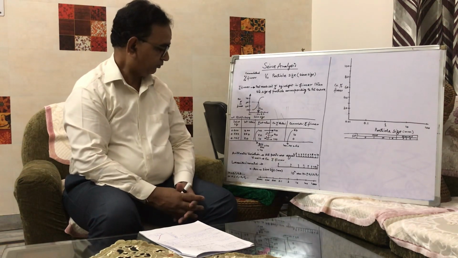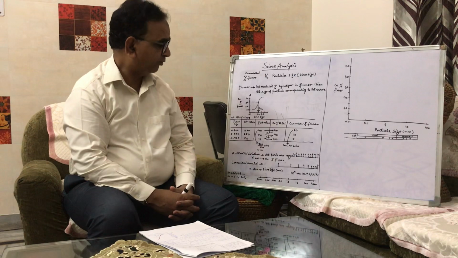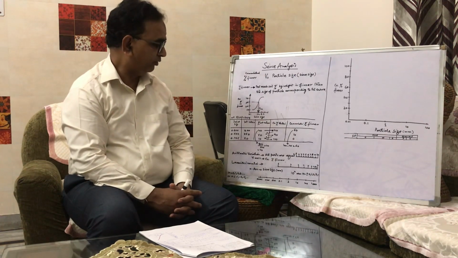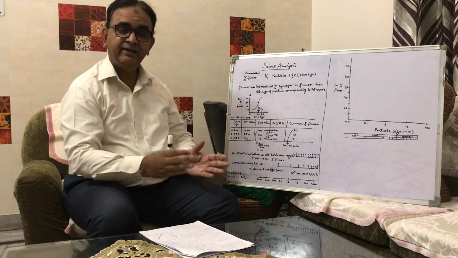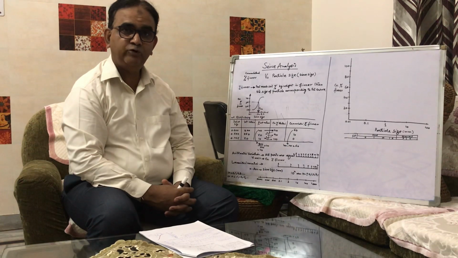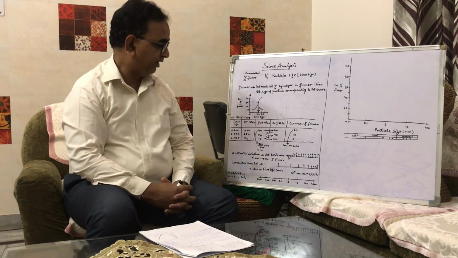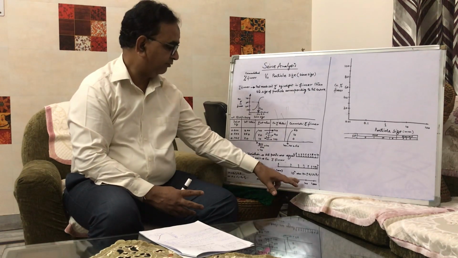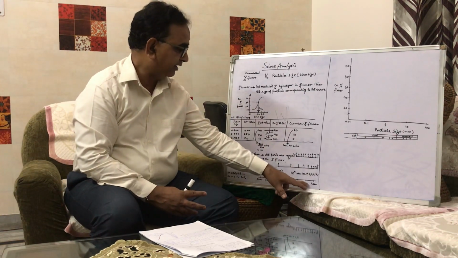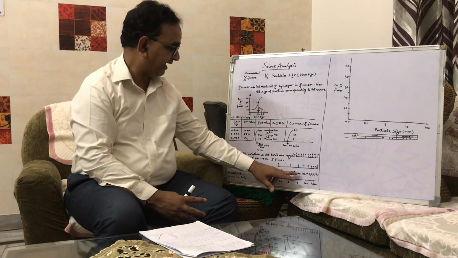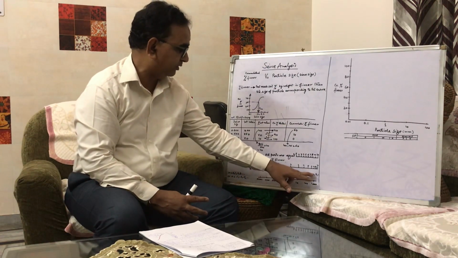For drawing this logarithmic variation, each cycle of 10 divisions may be 0.1 to 1, or 1 to 10, 10 to 100, 100 to 1000, like this. It is 10 to the power n, where n is plus or minus 0, 1, 2, 3.